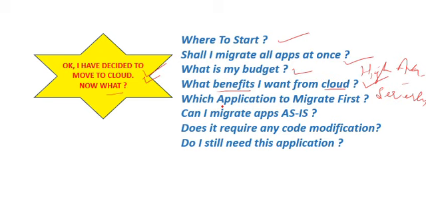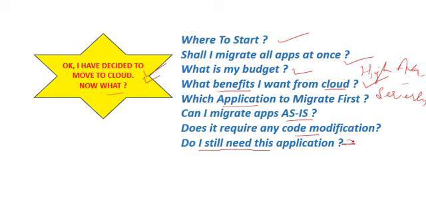Then now where to start, which application to migrate first, right? And can I migrate the applications the way they are right now used, or does it require any modification in those applications before they can be deployed on cloud, or do I still need this application, right?